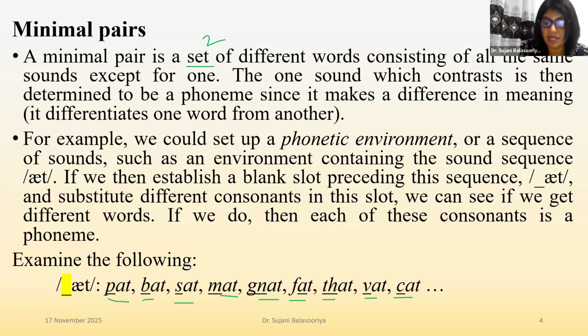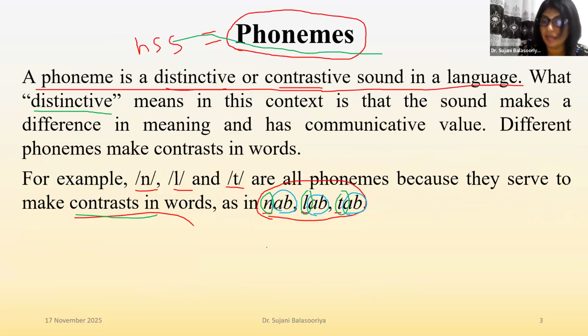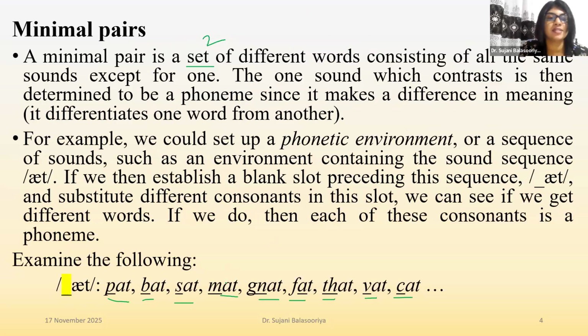Now, this is similar to the previous example, right? Nab, lab, tab. I was talking here also about the minimal pairs. And here, the word gives pat meaning because I have used the p sound in the initial position. If I use p, then I get pat meaning. If I use b, then I get bat meaning, etc. It goes on like that.